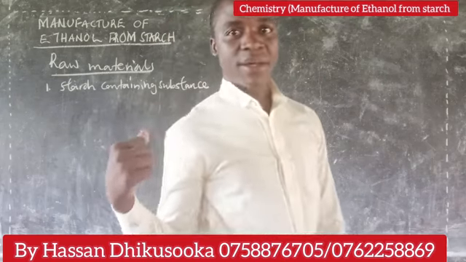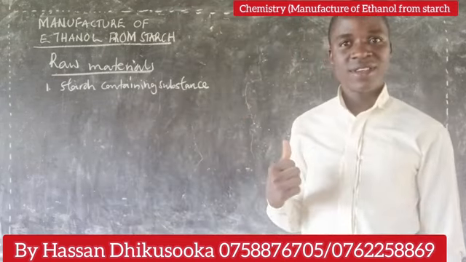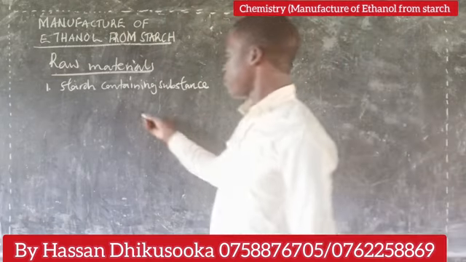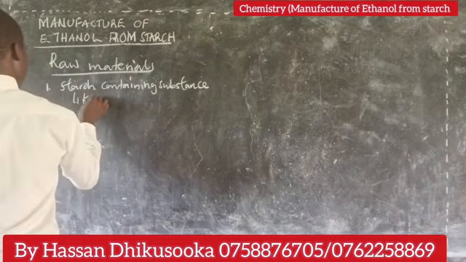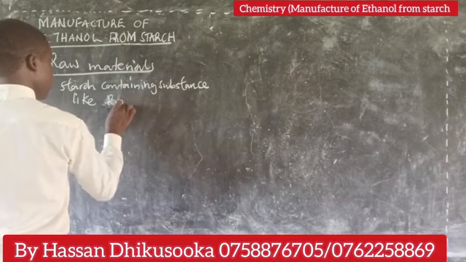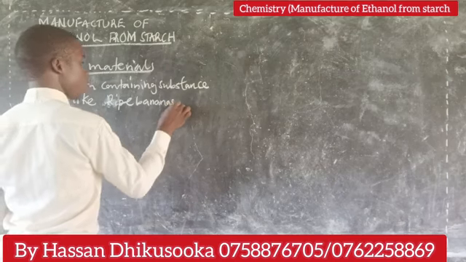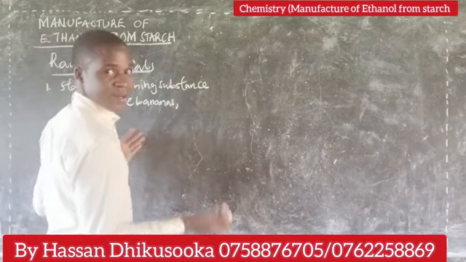These ones are many, but it depends on the one you are able to use. In this case, there are many, like we can have bananas. We can have cereals.